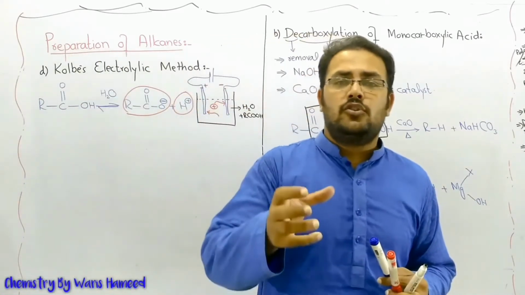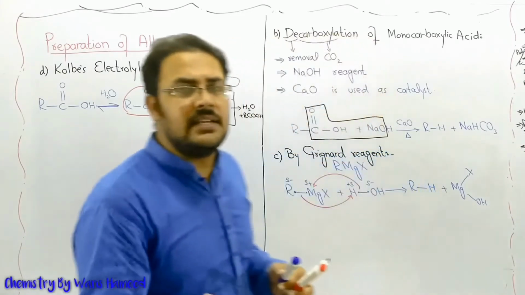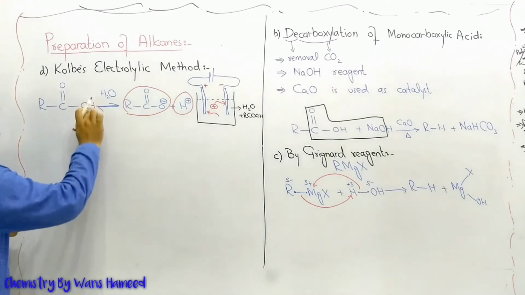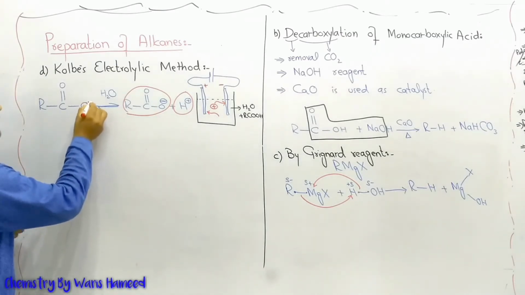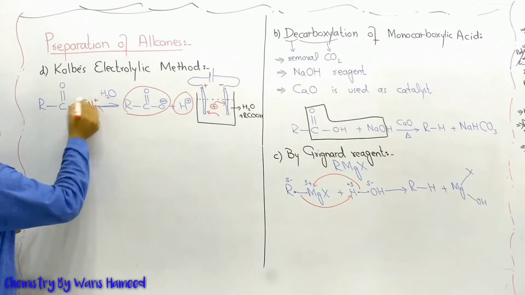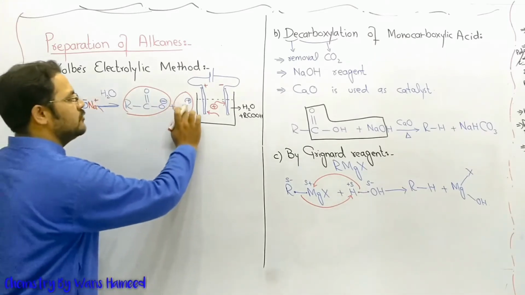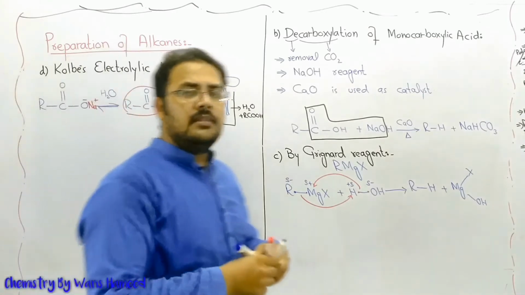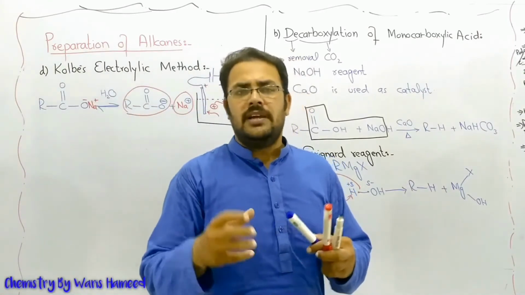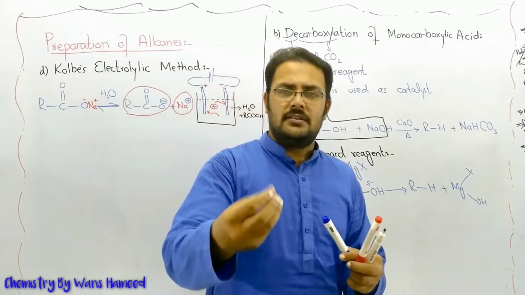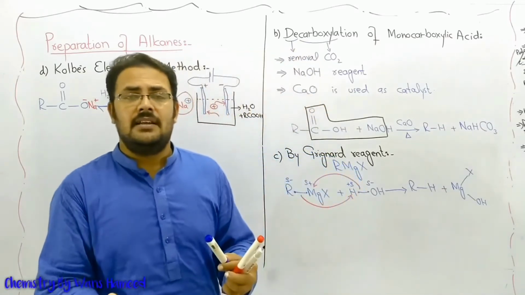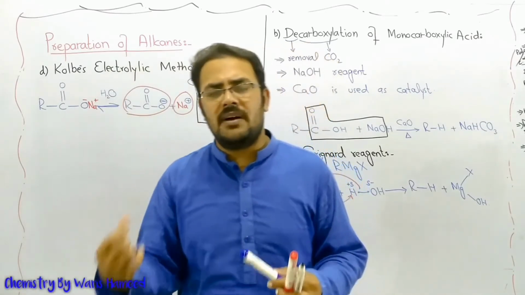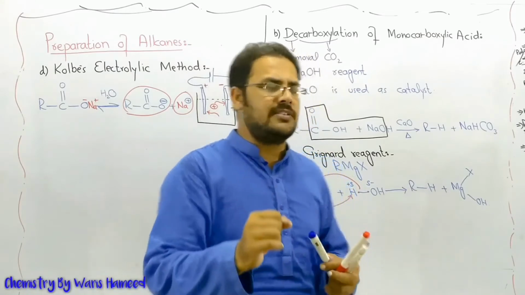And if we use sodium salt of carboxylic acid, then this hydrogen will be replaced with sodium, and the positive ion will be sodium Na positive. If we use just carboxylic acid, then there will be the formation of hydrogen gas, and if we use sodium salt of carboxylic acid, then there will be the formation of sodium hydroxide.